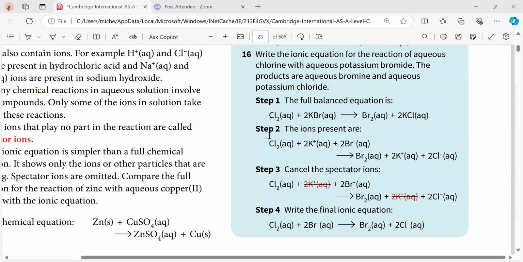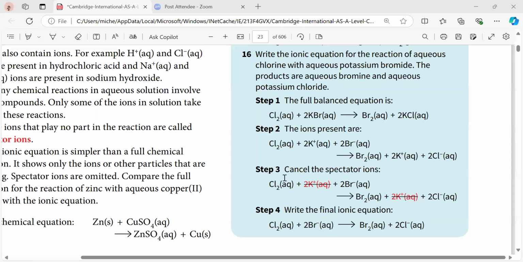So now we're going to see what kind of spectators we have. So Cl is unique, it's only on the left side. 2Br is different. Okay, 2Cl. So we have 2K right here, present on both product and reactant sides, left and right.